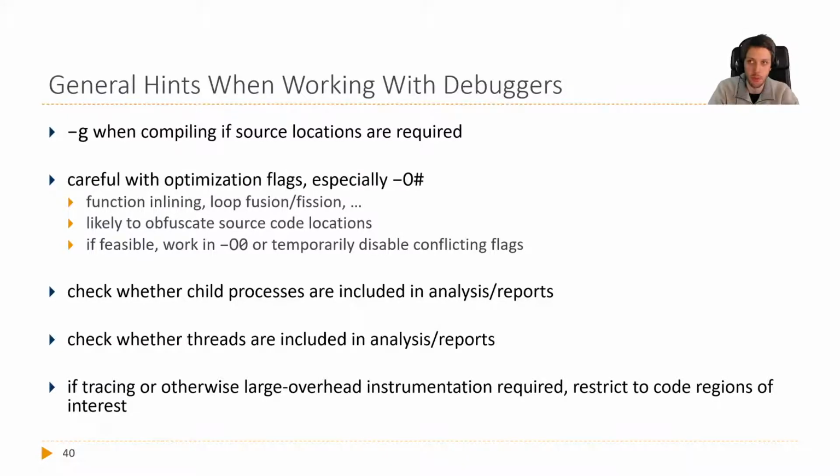Worst case, if you have a tool that can only deal on a file basis, just extract it to its own file, its own component, its own translation unit, and work with that, for example. But don't just trace the entire program. First of all, it will take too long, and second of all, you will get much too much data that you then need to sieve through in order to get the actual content that you wanted to have.